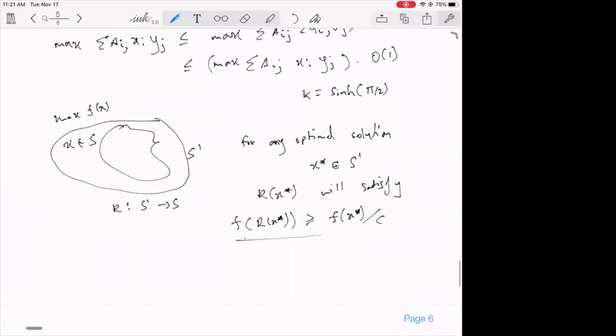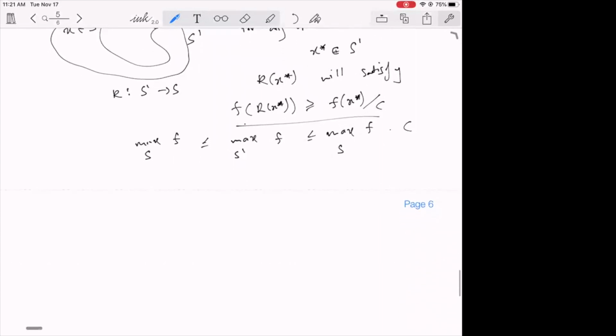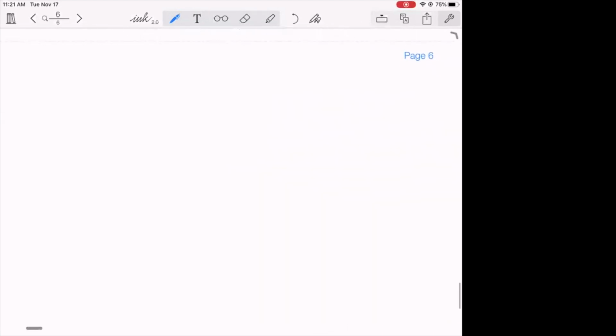If such an inequality is true, obviously the following inequality is true. That is, the max of f over S is at most the max of f over S prime, which is at most the max of f over S times C. Good.